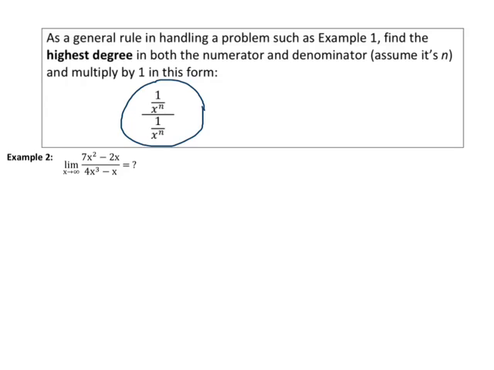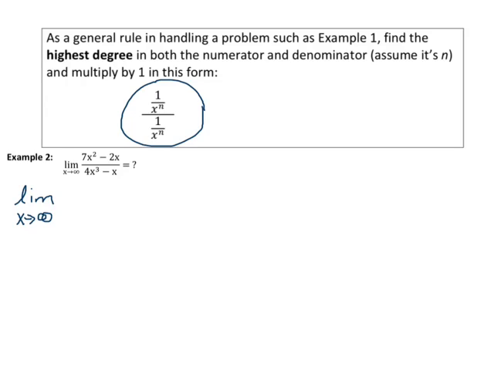We've got the limit as x approaches infinity of 7x squared minus 2x over 4x cubed minus x. So take a look, ask yourself, which is the biggest exponent? Well, in this case, it happens to be x cubed. So I'm going to rewrite it here for you.